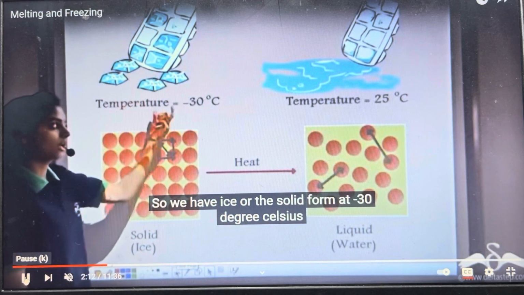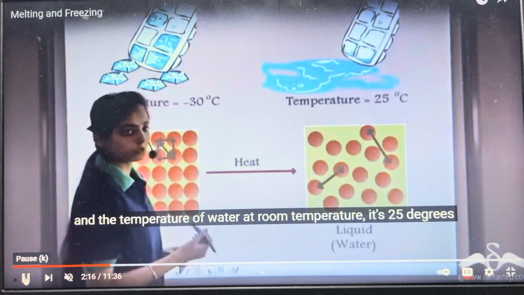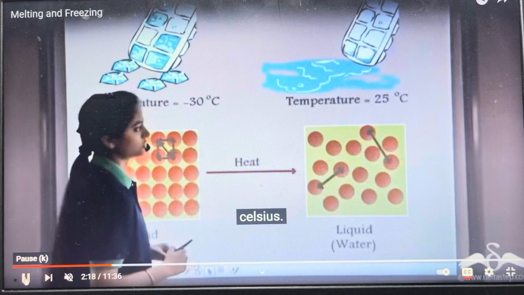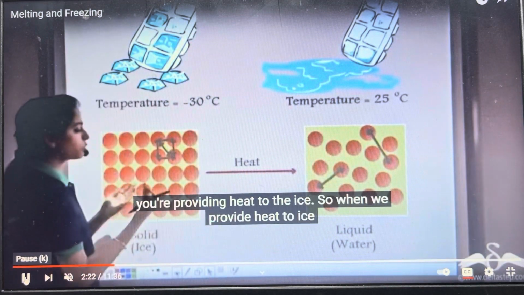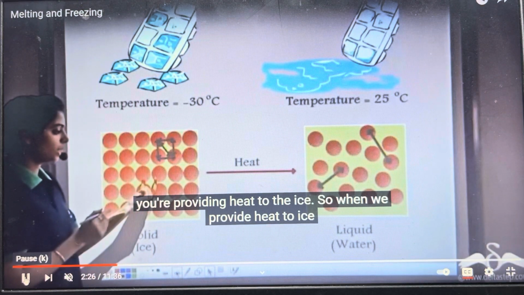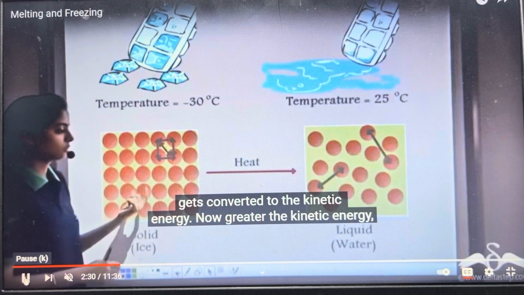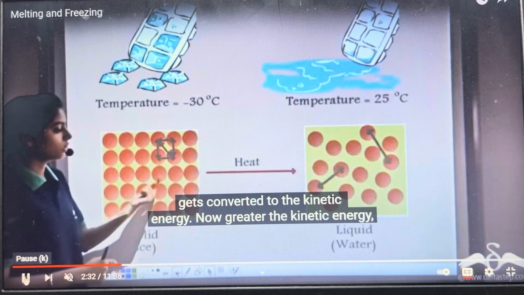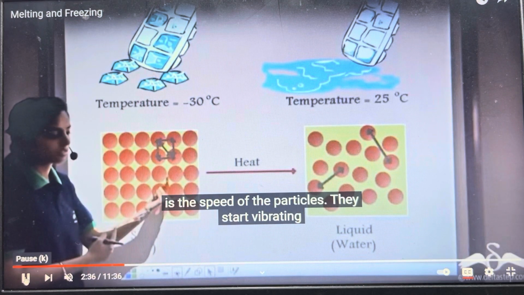So we have ice, or the solid form, at negative 30 degrees Celsius, and the temperature of water at room temperature is 25 degrees Celsius. So there is an increase of temperature, that is, you're providing heat to the ice. When we provide heat to ice, which is in the solid form, this heat gets converted to the kinetic energy. Now, greater the kinetic energy, greater is the speed of the particles.